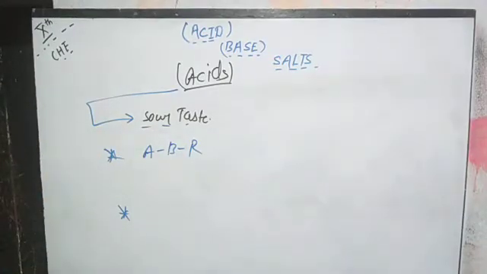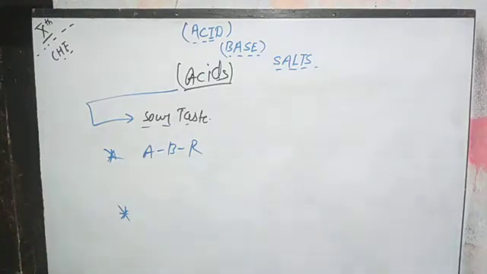And now look here, as I told you, acids are those compounds which give a sour taste. So whenever we get a sour taste from any natural material, suppose that we are eating an orange. We knew that orange gives us a sour taste. So we need to know which type of acid is present in it.